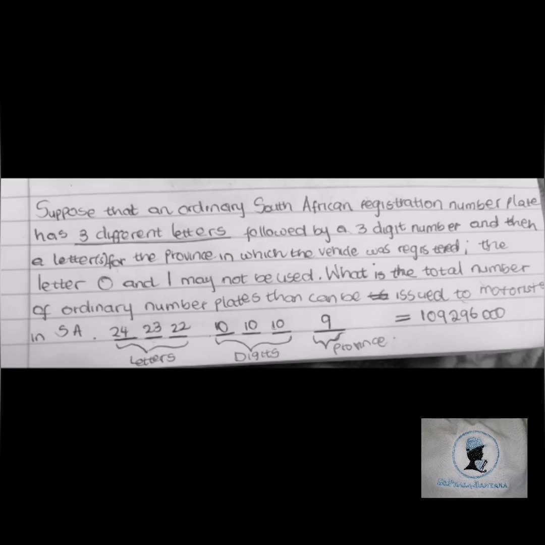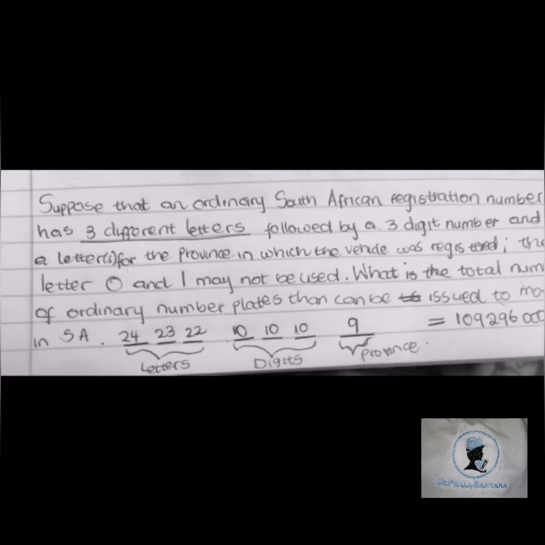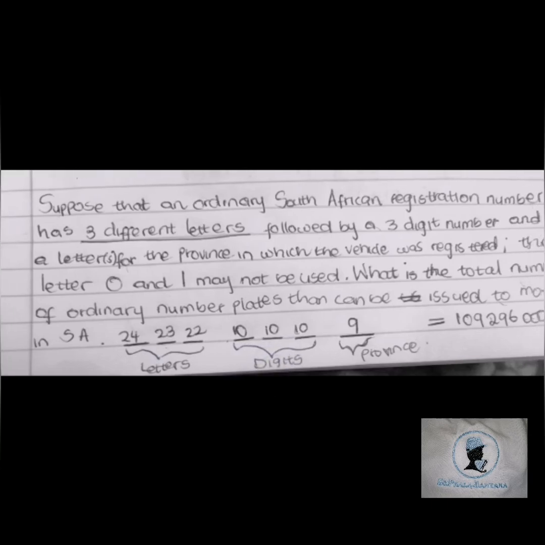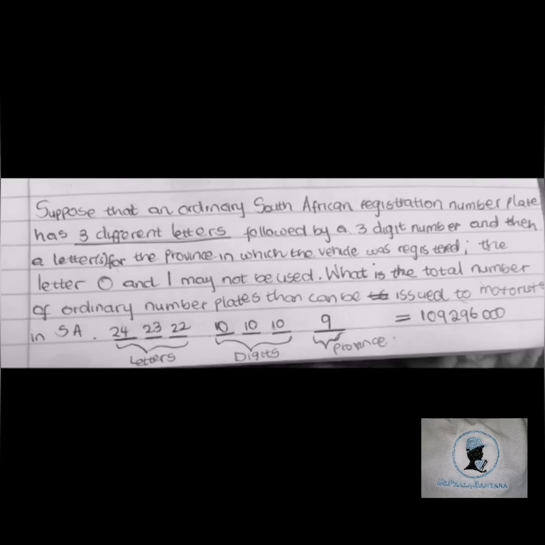So here they say 3 letters, so I have spaces for 3 different positions, and then they said followed by a 3-digit number. I have 3 different positions for digits, and then they said and a letter for a province, and then I have a space for province there.